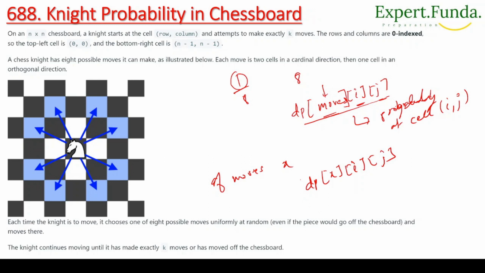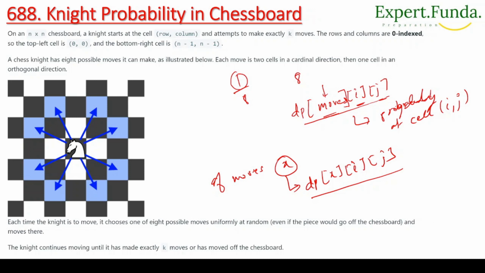So after move x, this is the probability of the knight being at cell i and j on the chessboard after taking x moves.